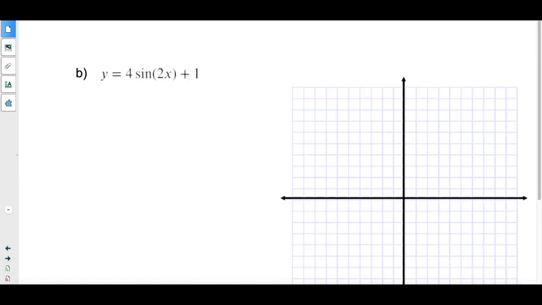Okay, let's take a look at a couple more examples. Say I had y is equal to 4 sine of 2x plus 1. Again, I'm going to start by identifying and thinking about what are some of the different transformations I need to apply to my graph.